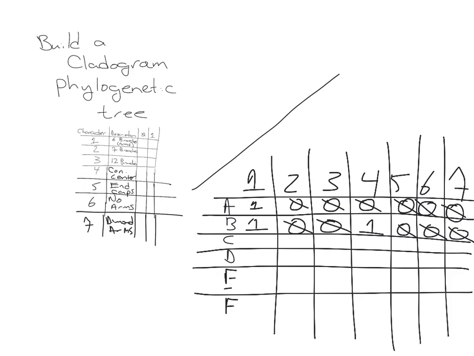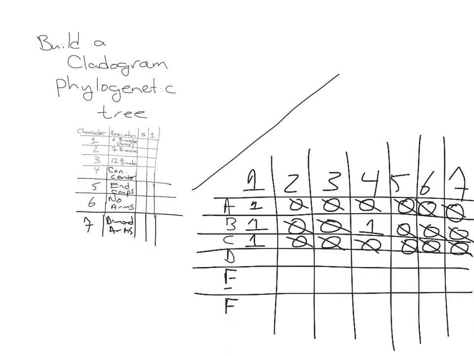I can't hear you. 2? No. 3? No. 4? No. Well, no. There's only one person doing the lab. 6 or 5? 6? 7?